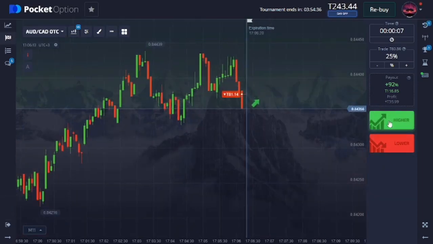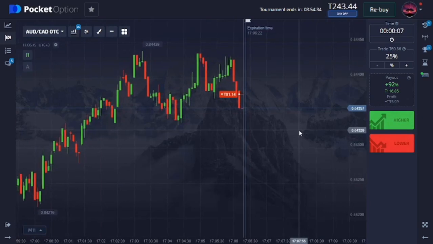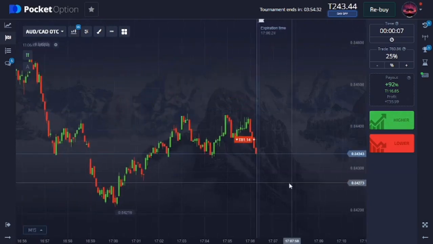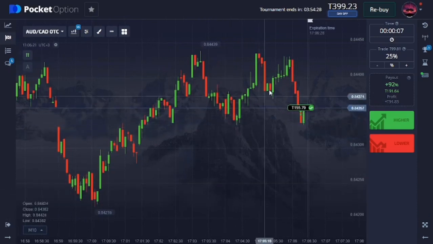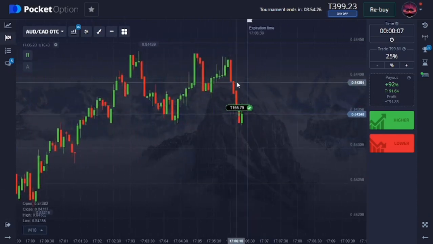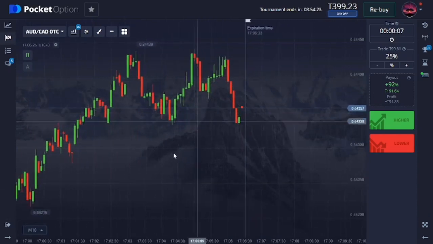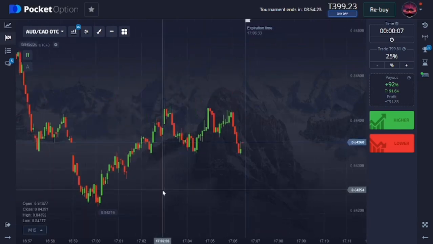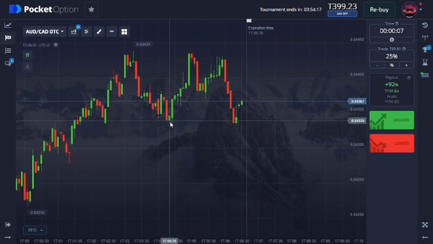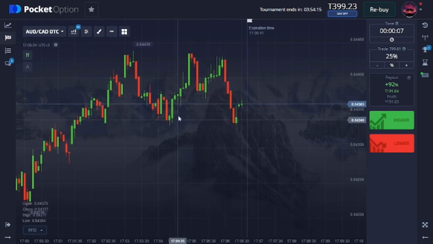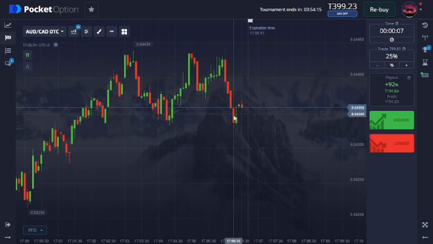Just like this one. Look at this beauty. It is really beautiful. Knowing where the trend is and when the trend breaks is crucial. It's really crucial. I took advantage of the trend line breaking.